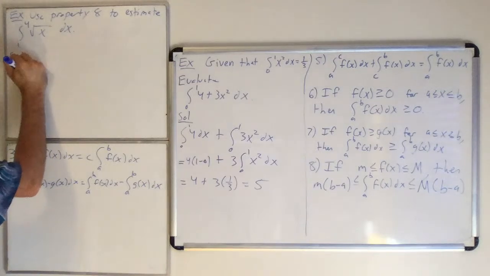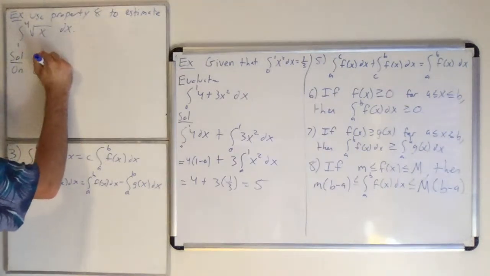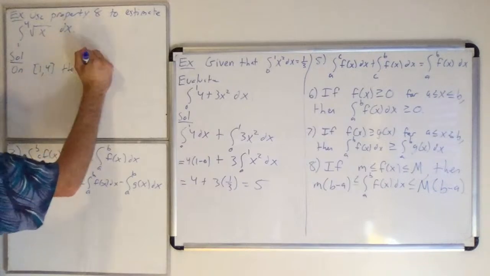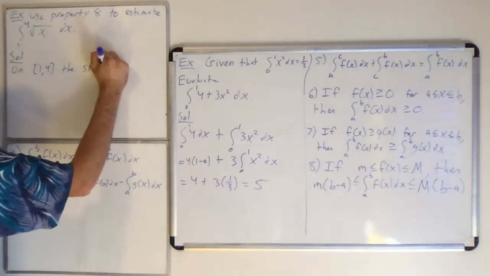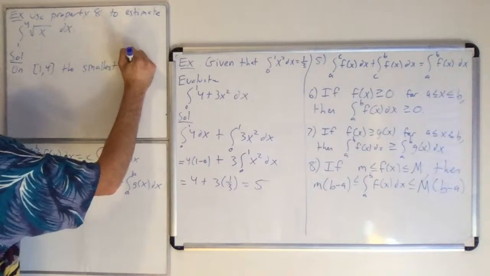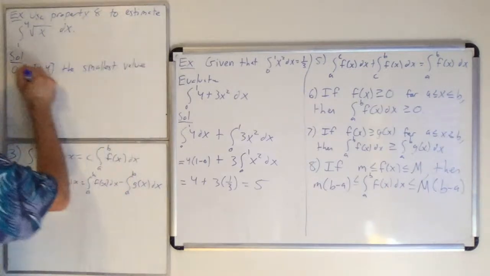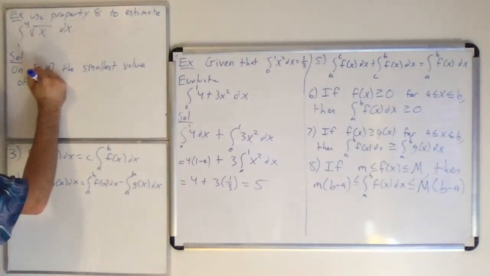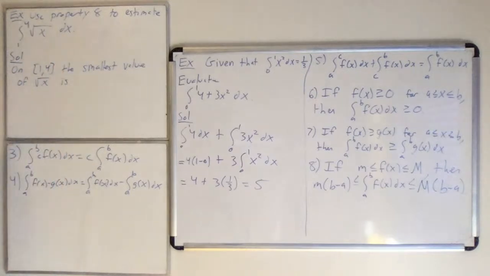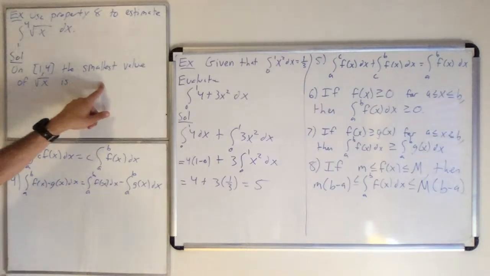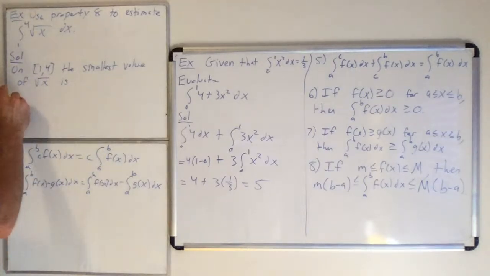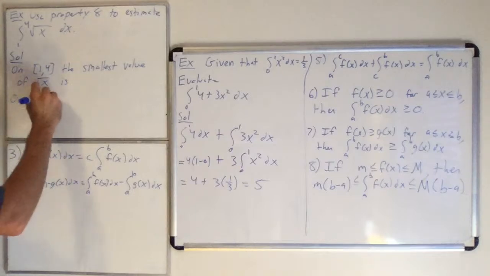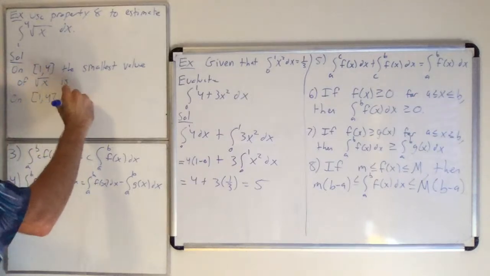So on the interval 1 to 4, the smallest value of the square root of x is, you tell me. And then similarly on the interval 1 to 4, the largest.